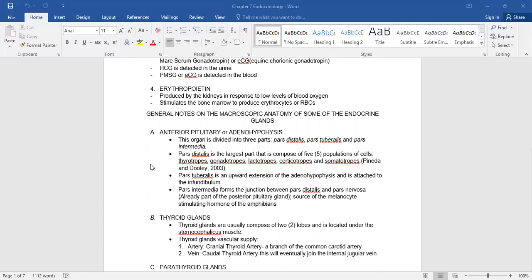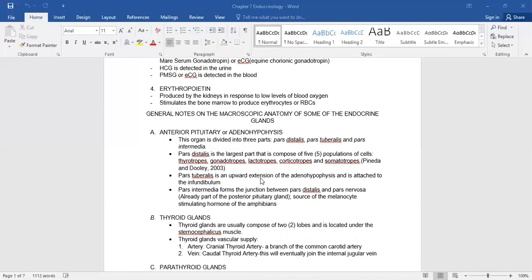Pars distalis is the largest, composed of 5 populations of cells: the thyrotropes, producing the thyroid-related hormone; gonadotropes, those related to the gonads, that influence the sex glands, sex organs; lactotropes, those that produce milk; corticotropes, those that produce the steroids; and somatotropes, which is the growth hormone.